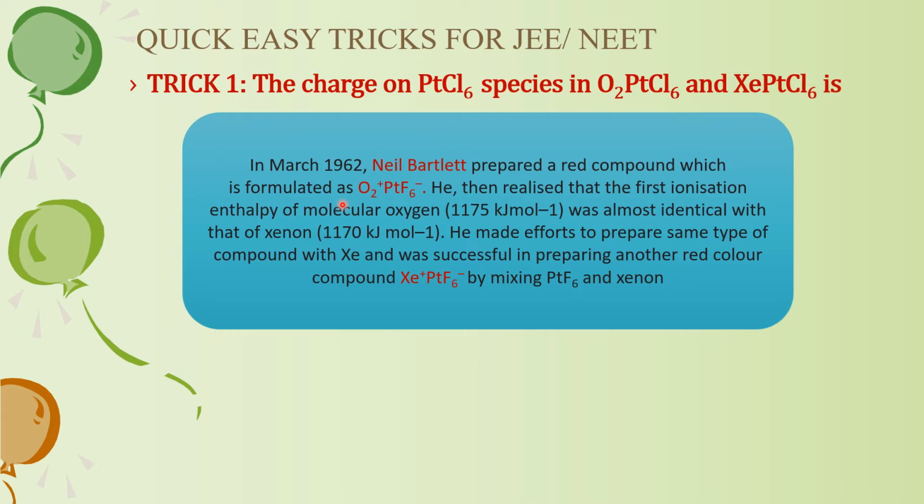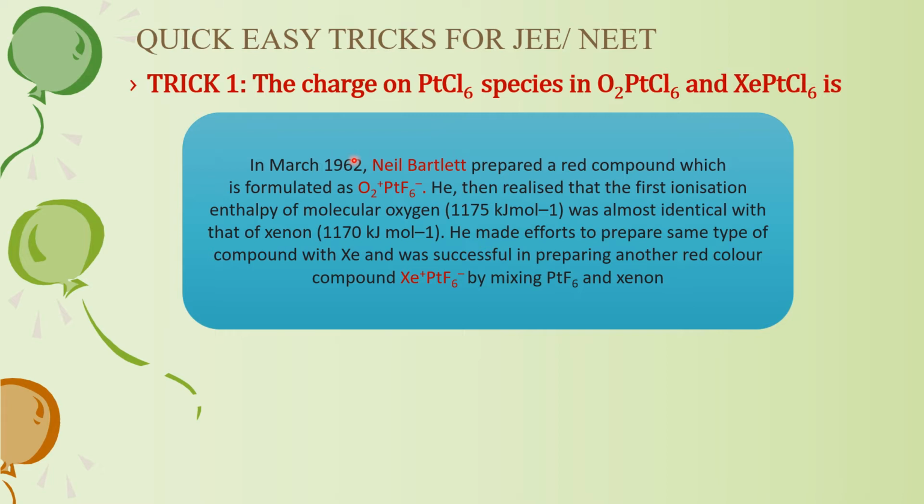So he found that the first ionization enthalpy of molecular oxygen, not the oxygen atom but O2, is very similar to that of xenon. Removing one electron from O2 is just as easy as removing one electron from xenon.